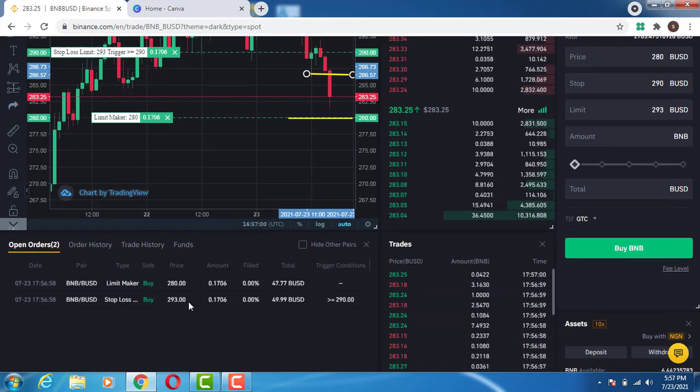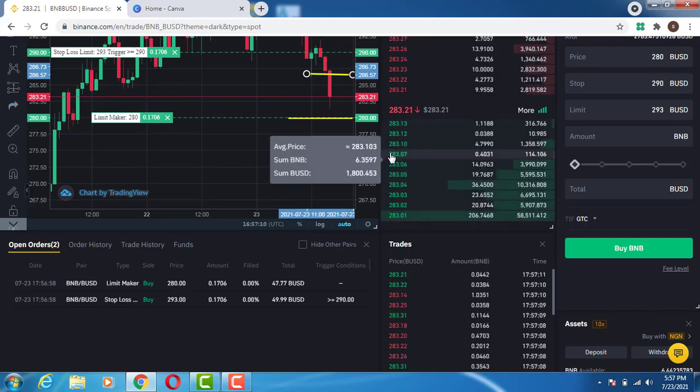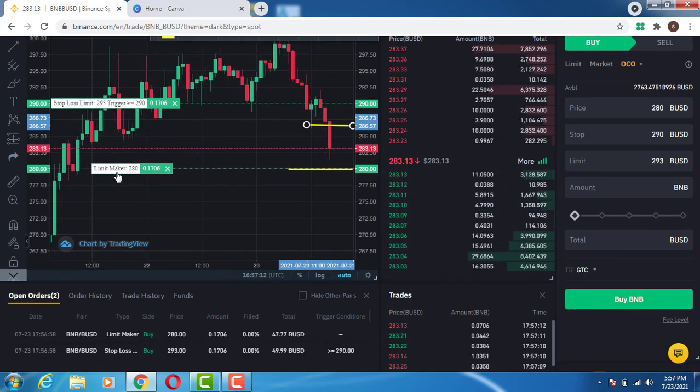If I go right down here, you see the order is already here. So right here I have two orders. The first one is the limit maker buy order at 280. If you look at this chart, you see the order on the screen, limit maker order at 280. That means if price comes right down and hits this price, which is 280, this order will be filled.